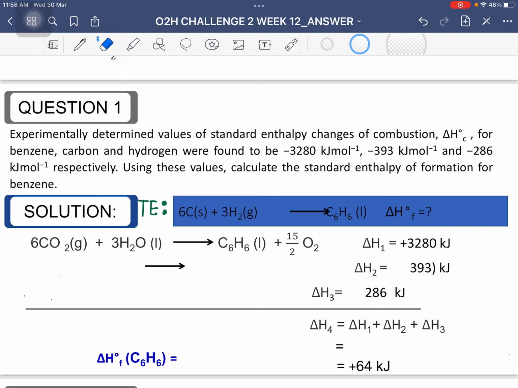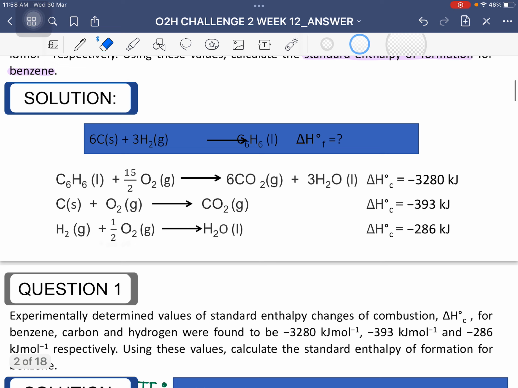For the next equations, we need to make sure that we have carbon and hydrogen on the left side. So we just take the second and third equations and keep them on the left side. For carbon, we need 6.